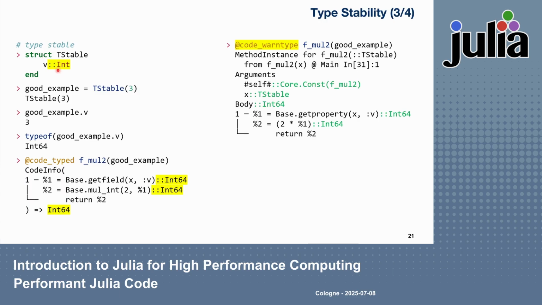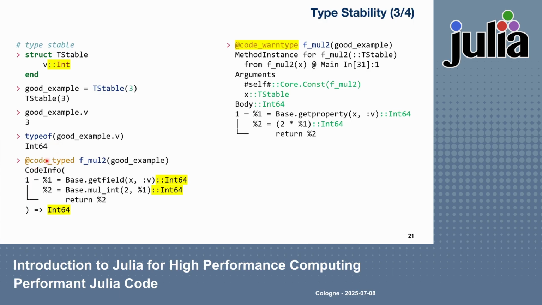And by default for Julia, if you are using a 64-bit operating system, it's a 64-bit integer. And then let's go through the process. A good example has a value, again, 3, and then the type of this variable, as you can see, is 64-bit integer, right? It's recognized correctly. There's no, everything is very clear.